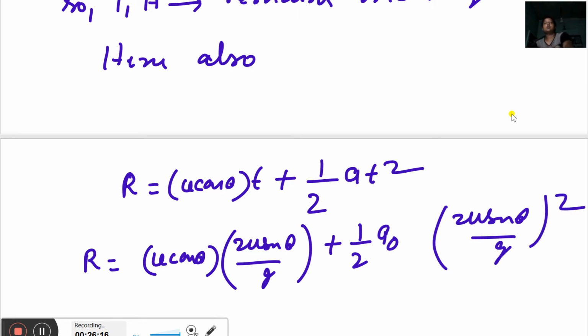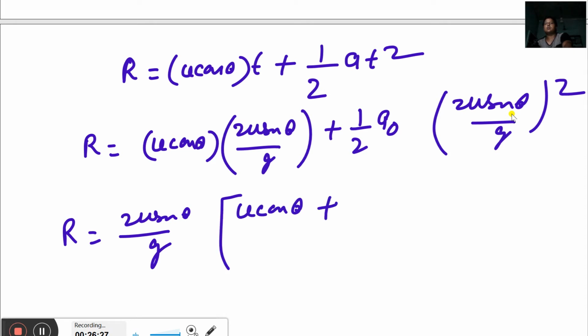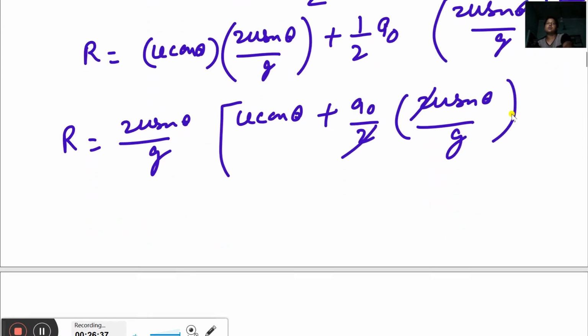So range is 2u sin theta over g common, u cos theta plus a naught by 2 times 2u sin theta by g. 2 gets cancelled.